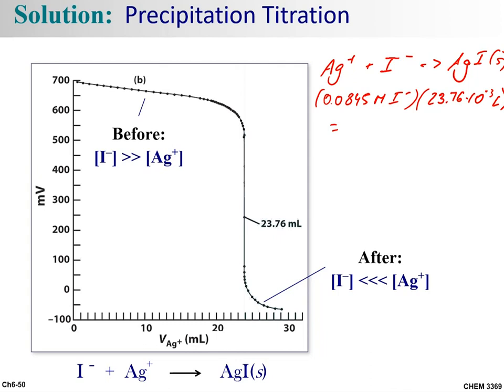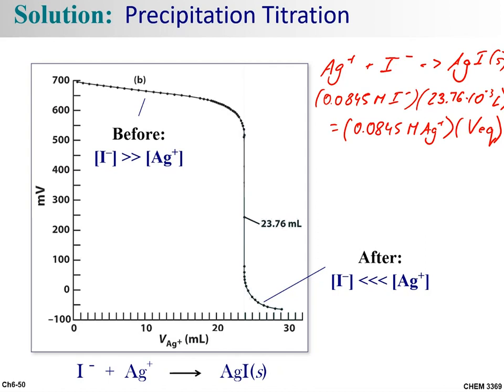So at the equivalence point, the moles of the silver plus ions have to be equal. Since the concentration of silver plus, the titrant, is the same, 0.0845, right? So this is the concentration of the titrant, okay? The volume that contains this number of moles that is the same as the number of moles of iodide is V_EQ.